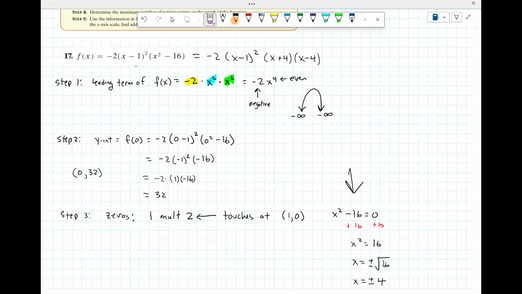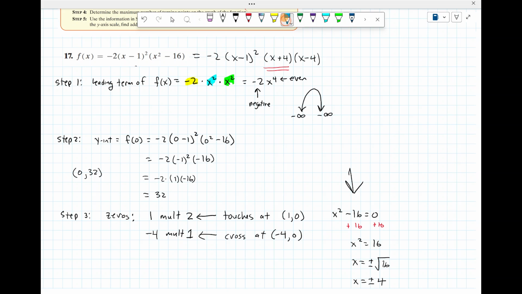All right, so now we have two more zeros, which are negative 4 of multiplicity 1. And again, that really comes from this factor. And again, since it is an odd multiplicity, it's going to cross at negative 4, comma 0.